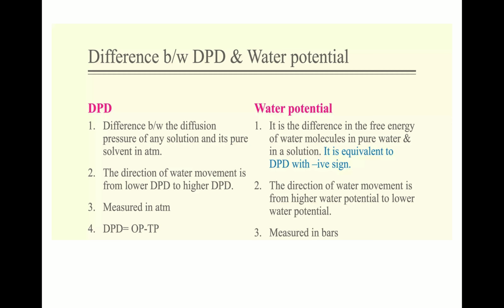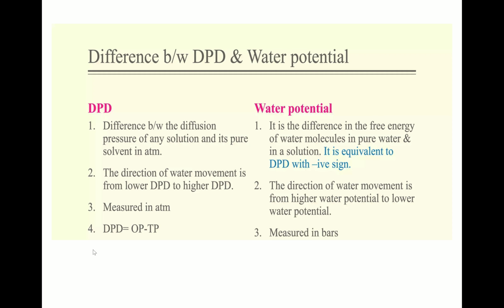So by comparing these two values, DPD of A cell and DPD of B cell, if the value of the A cell is less than the value of the B cell, then movement of the water molecules takes place from the A cell to the B cell, so from lower DPD to the higher DPD. This you should remember.